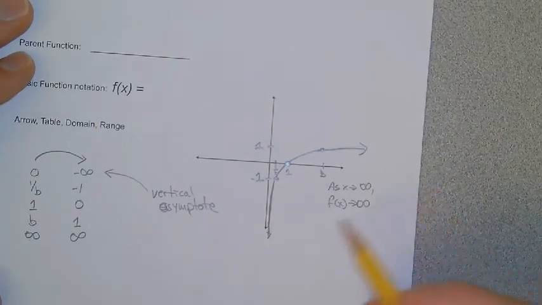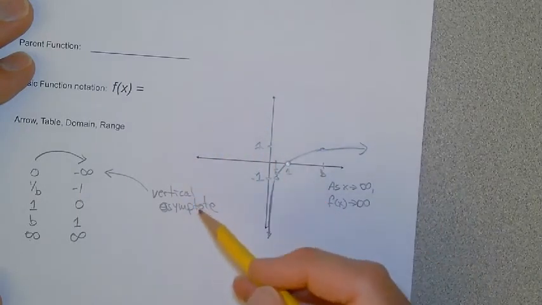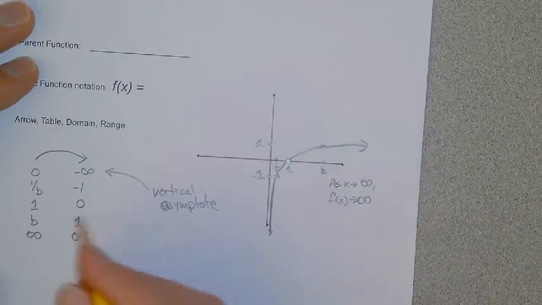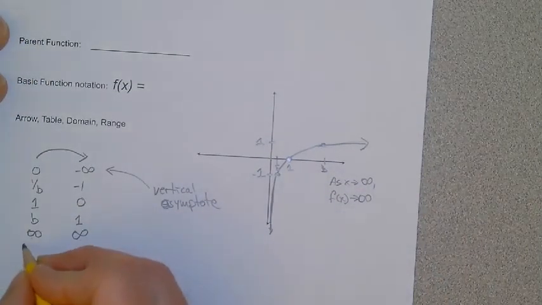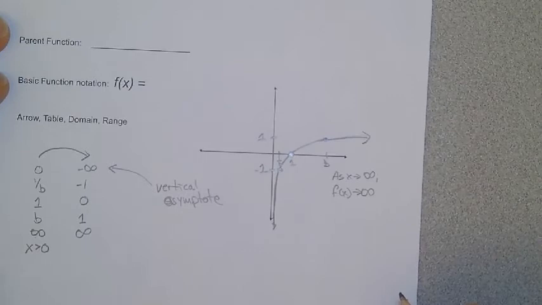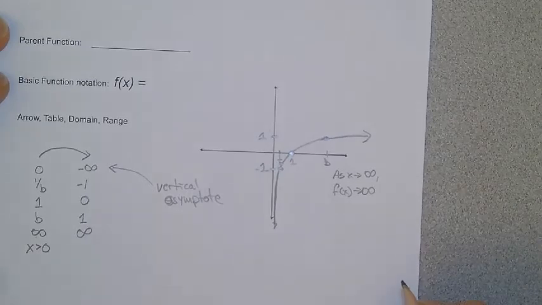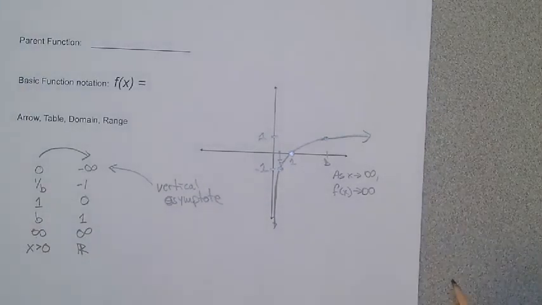There is literally nothing happening over here. There are no inputs that work for this, so this is our first function that had a really restricted domain. Our domain here says that the x values have to be bigger than 0. We had said the range on the exponential function had to be y values bigger than 0. So we switched the x and the y. But we can get all real numbers here for the range of this function.